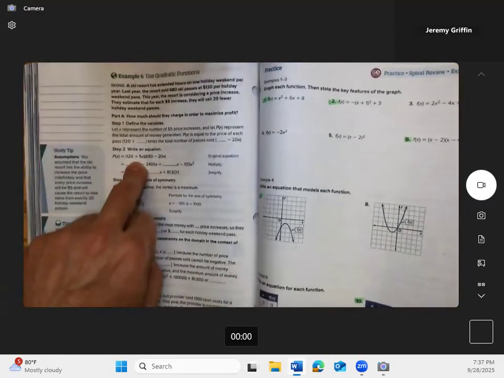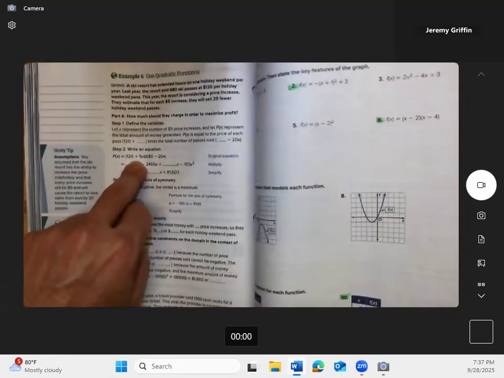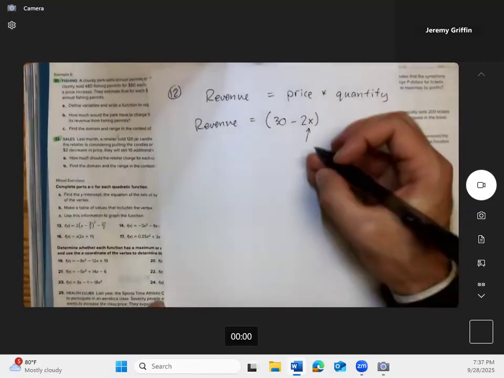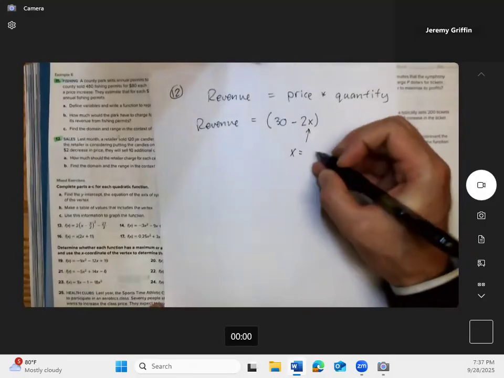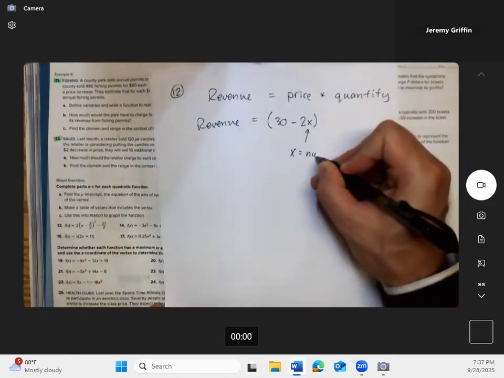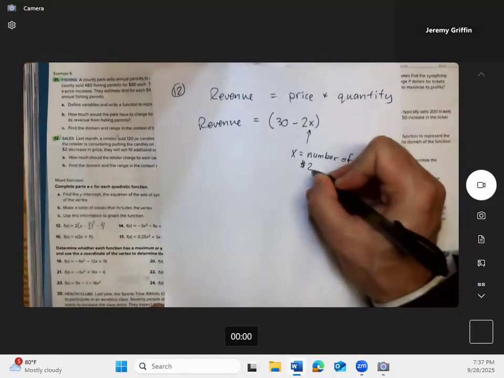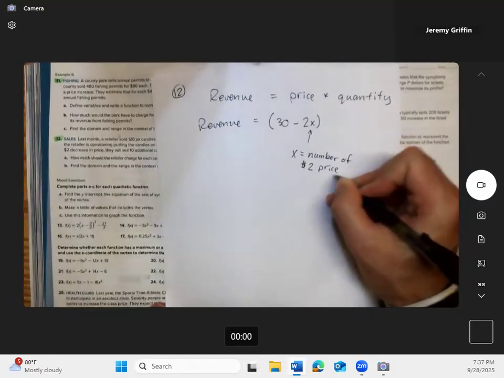It's going to model exactly what we did over here, except over here there was a plus because we were increasing the price by $5 increments. Just to point this out, x represents the number of $2 price decreases.